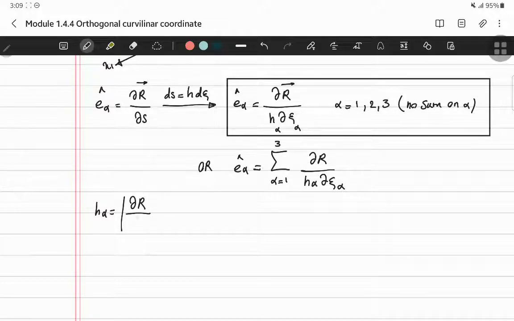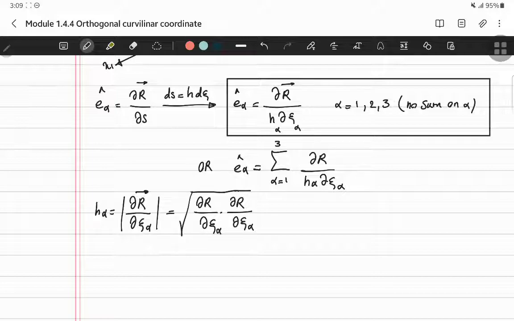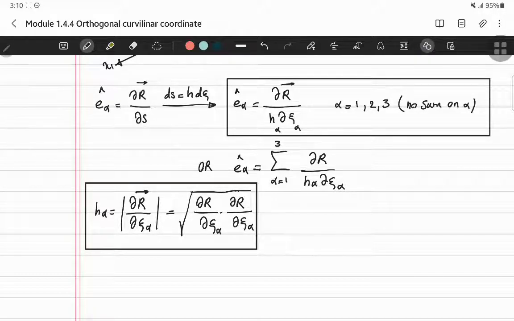We have partial R with respect to Z alpha, dot product of partial derivative of R with respect to Z alpha, because we know that the length of a vector is its dot product with itself. Perfect. We also have this equation here, which is also very important.